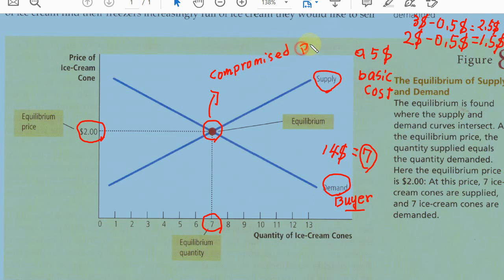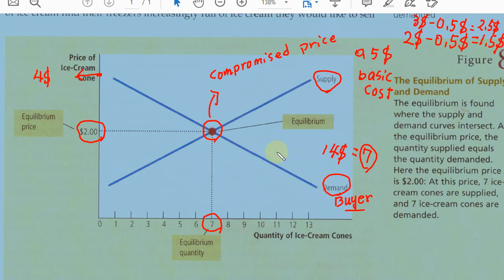Compromised price. This is the equilibrium price in the market, but he has $15. Once this is the line of demand, the price goes up to maybe $4. Suppose this point is $4.